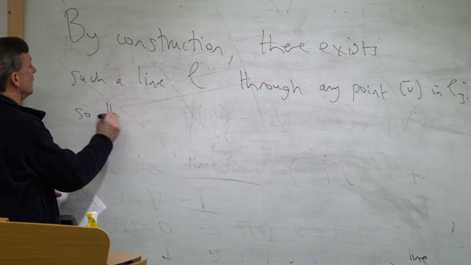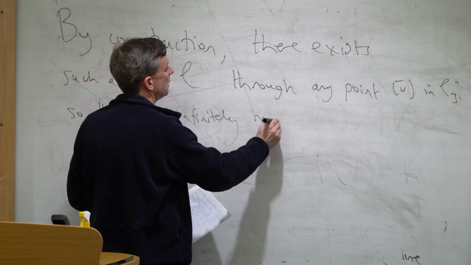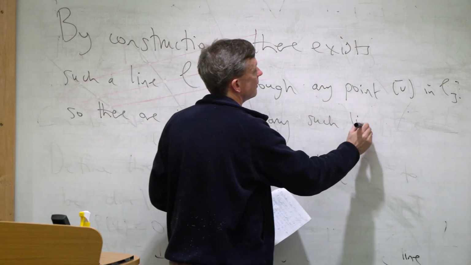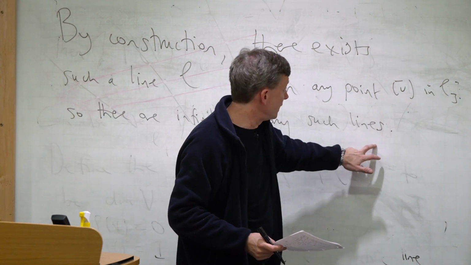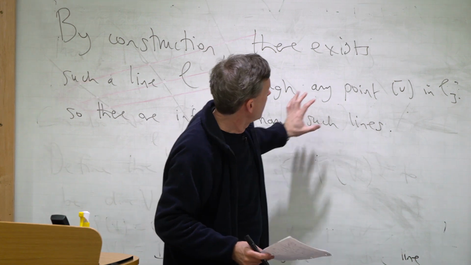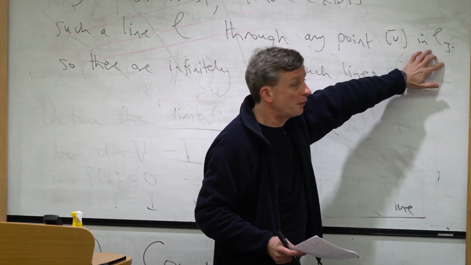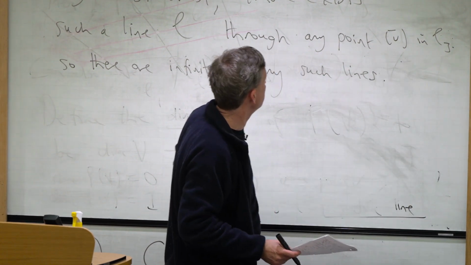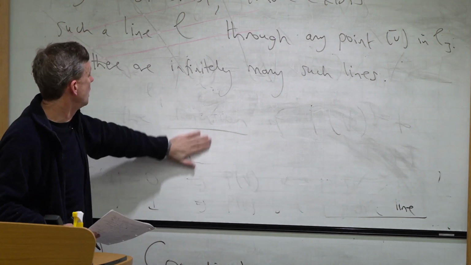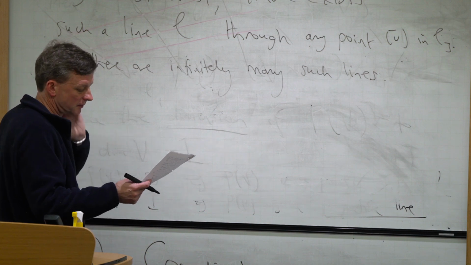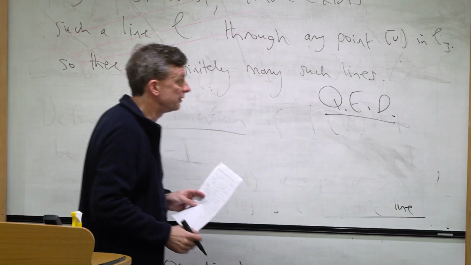So there are infinitely many such lines, because the map from points in L3 to lines is injective, and actually it's kind of surjective as well. There's a one-to-one correspondence, and L3 is infinite because your field R is infinite. So this proposition is also true over any infinite field, and that proves the proposition.